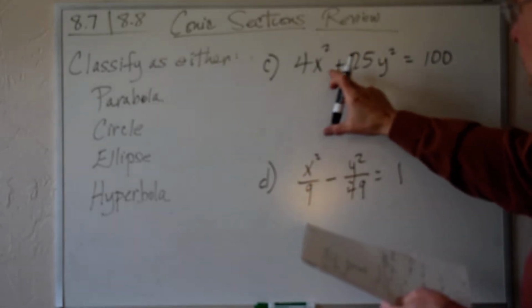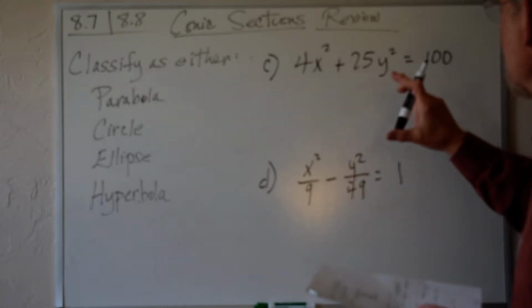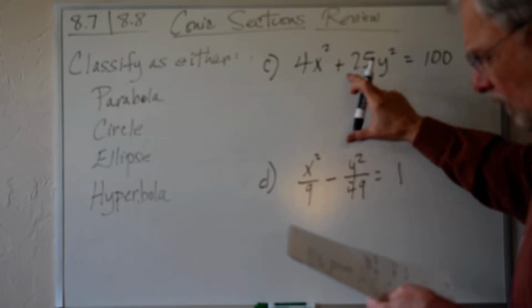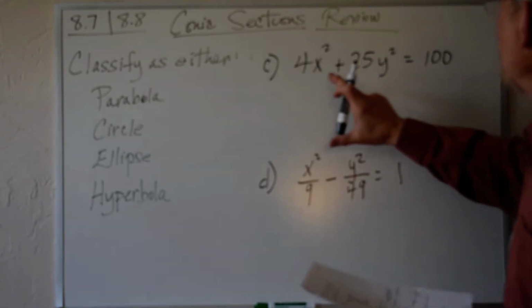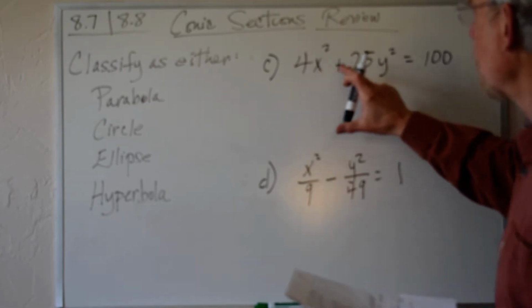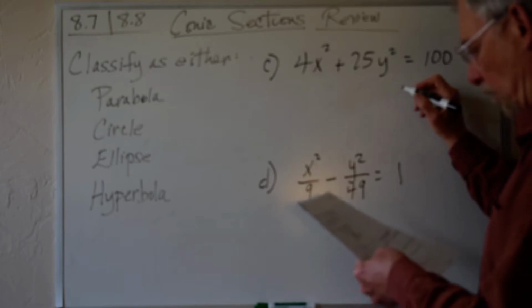There's an x squared, there's a y squared. It's not a parabola. They're being added together. Okay, so it's not a hyperbola. Is it a circle? Is it an ellipse? Coefficient 4, coefficient 25. Can't be a circle, it's an ellipse.